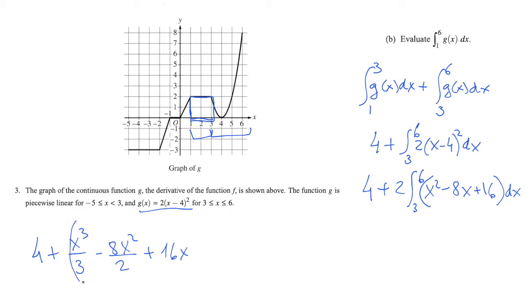Everything evaluated from 3 to 6 and multiplied by 2 because we took the 2 outside because it was a constant. So equals then 4 plus, and then we need to substitute the 6. 6 times 6 is 36 times 6.